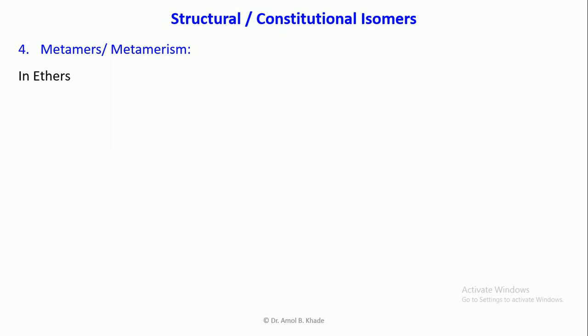Now in ethers, the metamers are the isomers in which we have the same functional group, I will write FG to represent the same functional group, but they differ in the attachment of the alkyl chain. So we'll understand what it means. CH3, CH2, O, CH2, CH3.